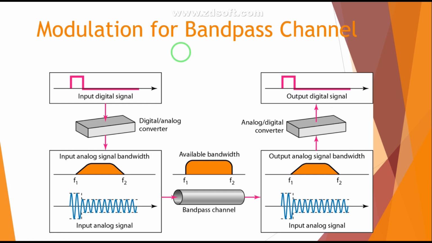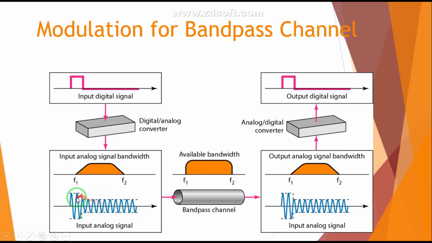So you can see the modulation for a band pass channel. Since you have a band pass channel and a digital signal, you couldn't transmit this directly because it is in the form of digital, and digital requires a low pass channel. But since it is a band pass channel, which has a limited frequency range f1 to f2, you need to convert this digital data into analog data.